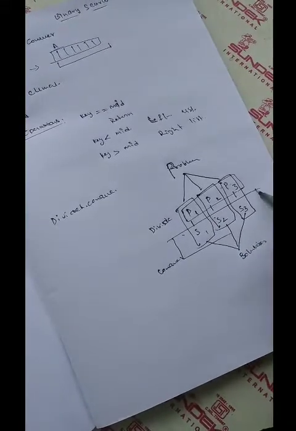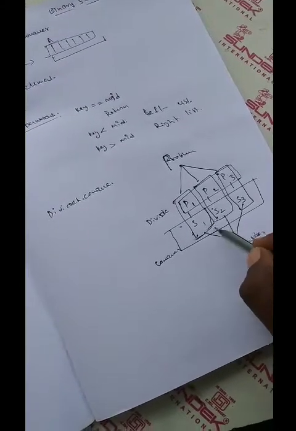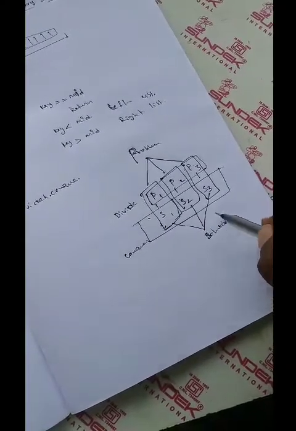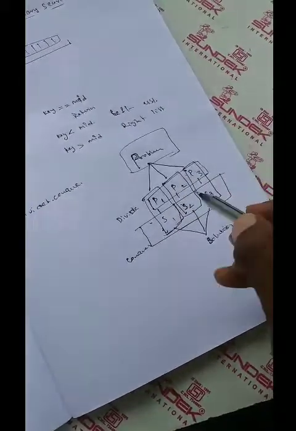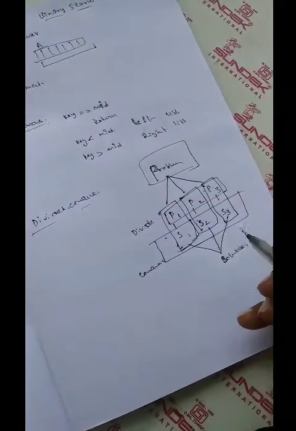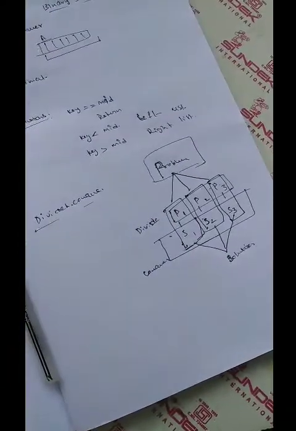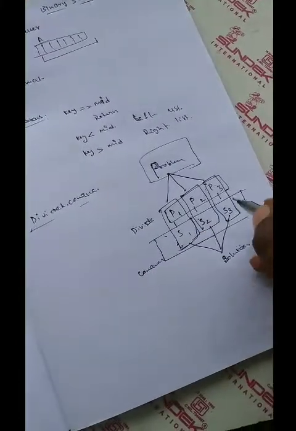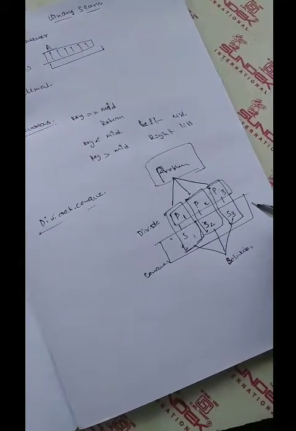Conquer means combining all the individual solutions to form the solution for the actual given problem. In divide and conquer we divide the problem into multiple subproblems, find the solutions individually, and after finding them we combine all the solutions to form the actual problem's solution.